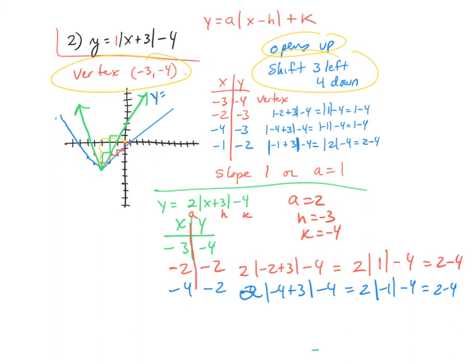So this is y equals 2 times absolute value of x plus 3 minus 4. My a is 2, which means I'm going to be going 2 over 1. So my y's are changing by 2.